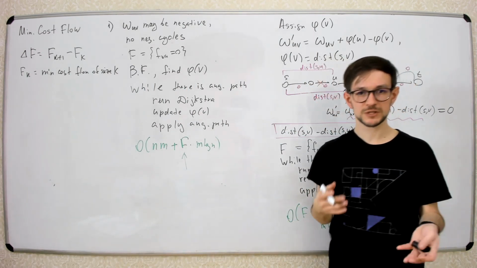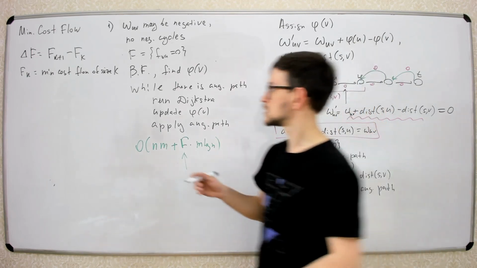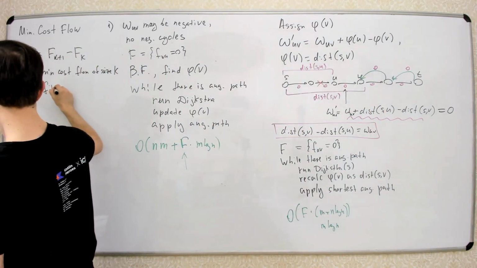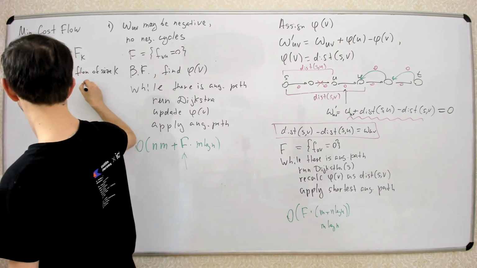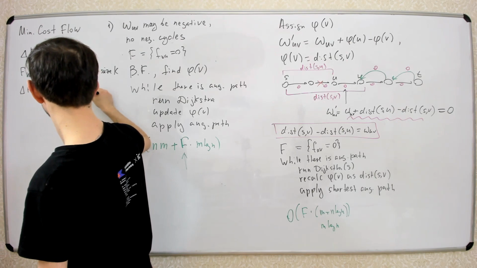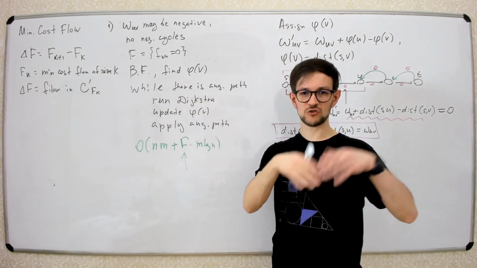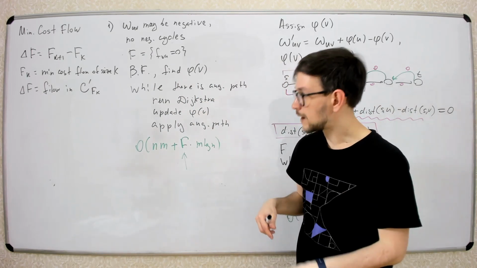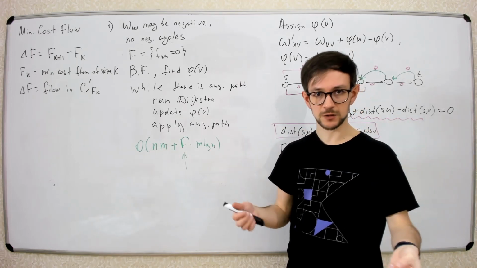Let's look at this difference. The difference of two flows is just a flow in the residual network. So delta f is a flow in the residual network of flow fk. You take flow fk, take its residual network, and delta f will be a flow in this network. Now, each flow can be decomposed into paths and cycles.